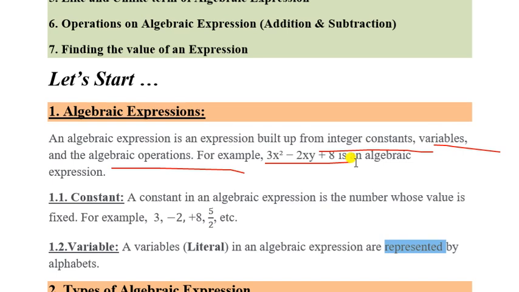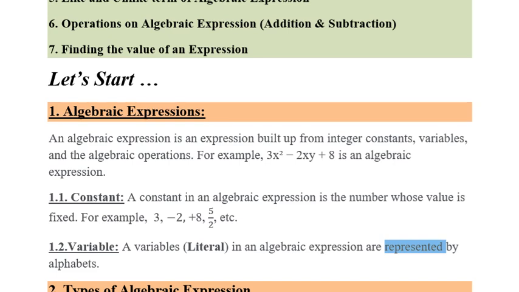And from this algebraic expression, how will we identify constant and variable? I think you know about constant term, that is fixed always, like numbers, because it is fixed: 1, 2, 3, 4, minus 1, minus 2, minus 3, 5 by 2. All kinds of numbers are fixed. We cannot change these numbers.